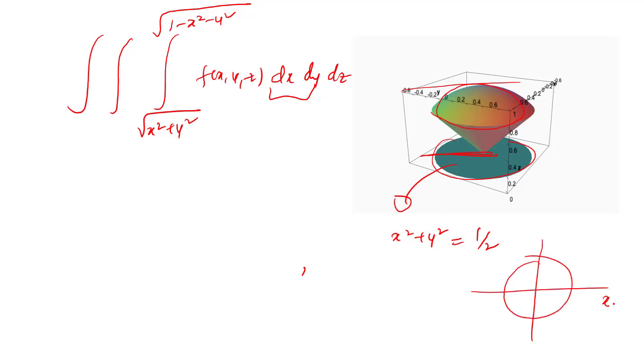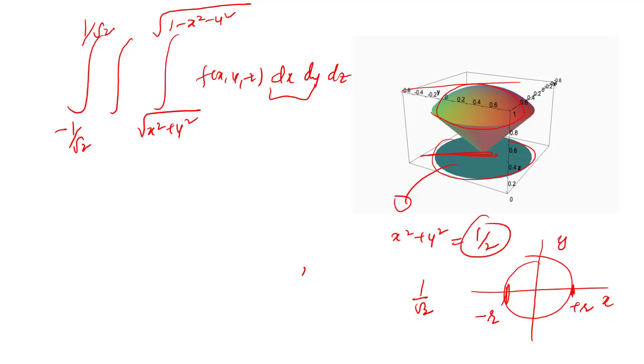This being the x-axis, this being the y-axis. So x is going from minus of the radius to positive of the radius, right? And for the circle, the radius is 1 over square root 2. So in terms of x, I can write it as minus 1 over square root 2 to plus 1 over square root 2.